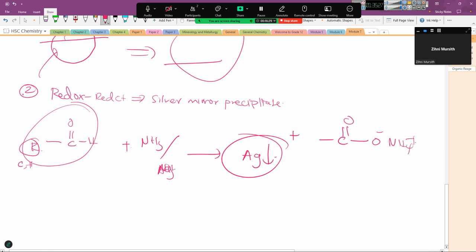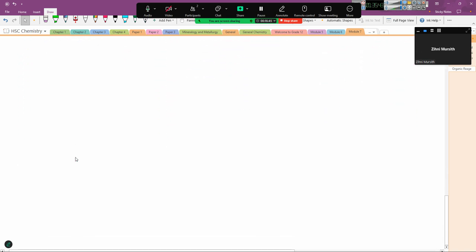Here this is oxidation. I don't know if you studied how to find the oxidation number of these compounds. We will do this example and then I can explain that.